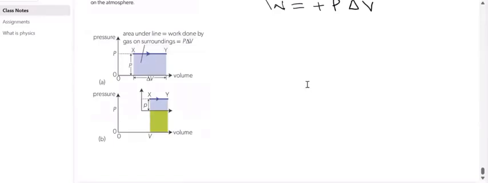If this picture is visible to you, the graph is given where the area gives the work done by the gas on the surrounding, P delta V. Now in the second picture, the volume has increased, that is pressure into delta V over the volume. This is the original volume, and this blue box has got deposited over here. Understood or not? Yes, ma'am.